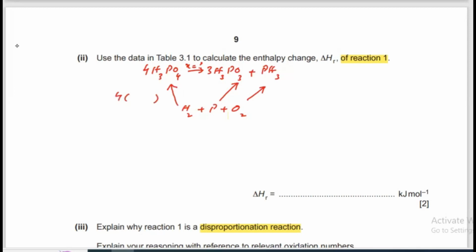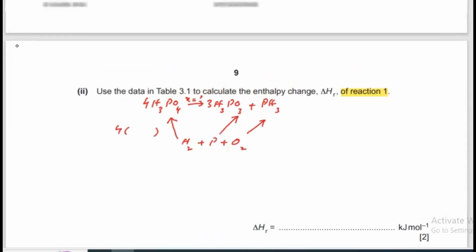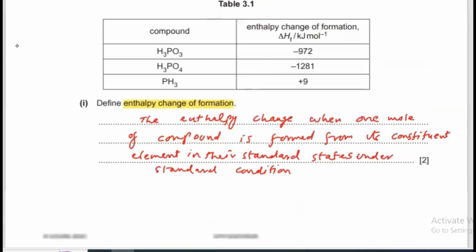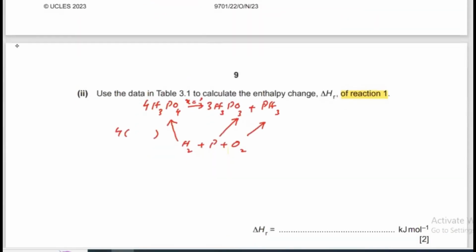And the standard enthalpy change of formation of H3PO3 is, let's just have a look. This is H3PO3 and on the right hand side, H3PO4. So you have to put the correct data.